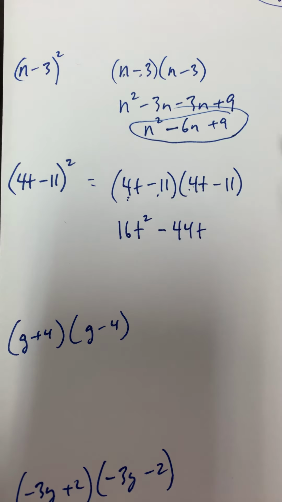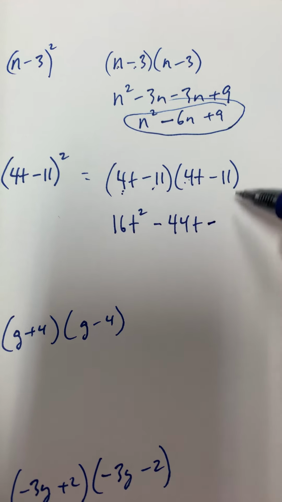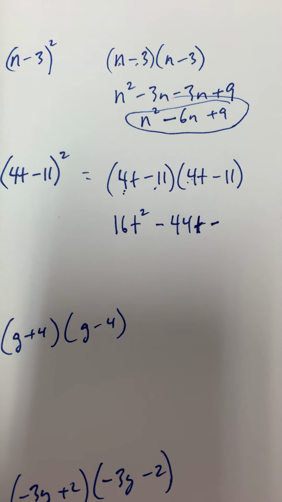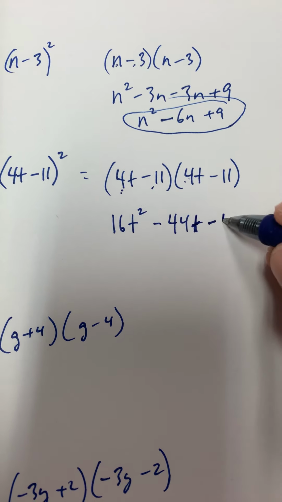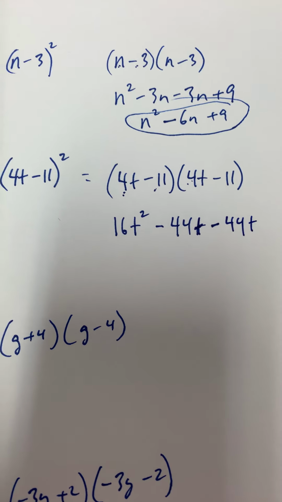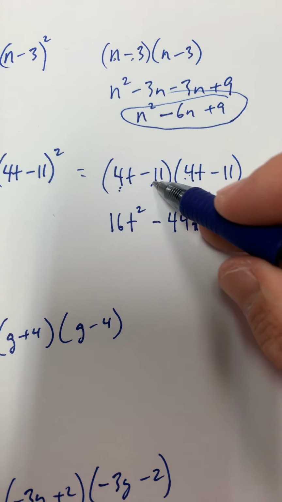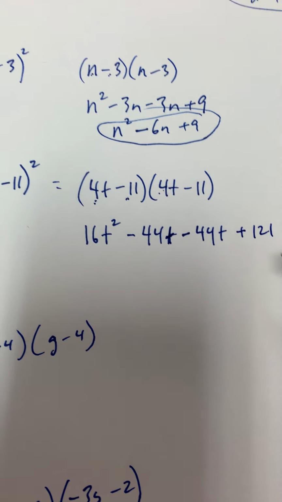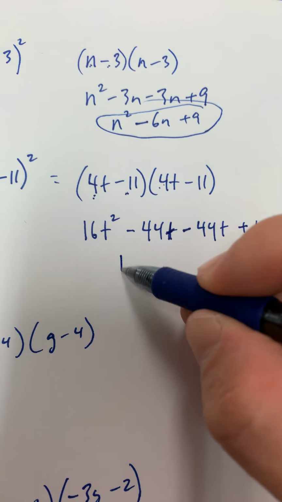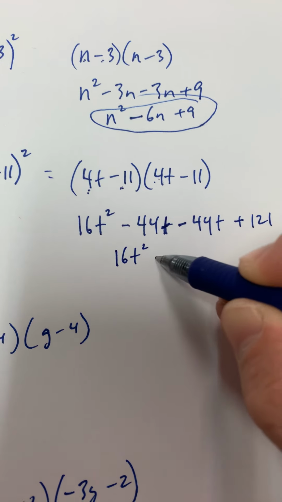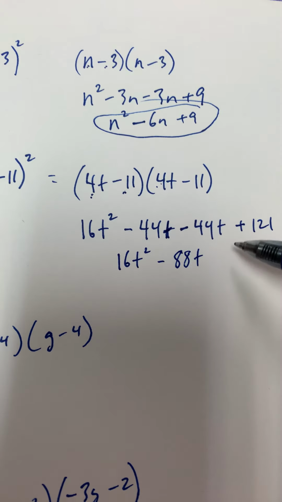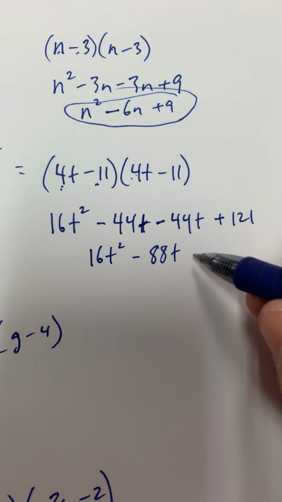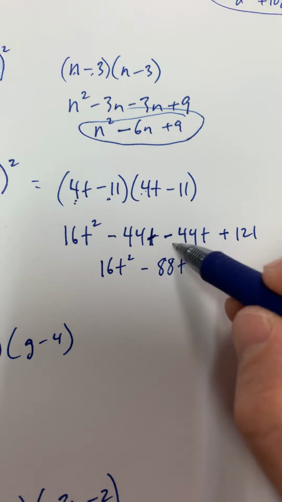Negative 11 times 4t, negative, this is kind of confusing as a t right there, not a plus sign. Negative 44t. And then negative 11 times negative 11 gives me positive 121. So just combine the middle terms. So 16t squared minus 88t, that's negative 44 minus 44 gives me negative 88t, plus 121.